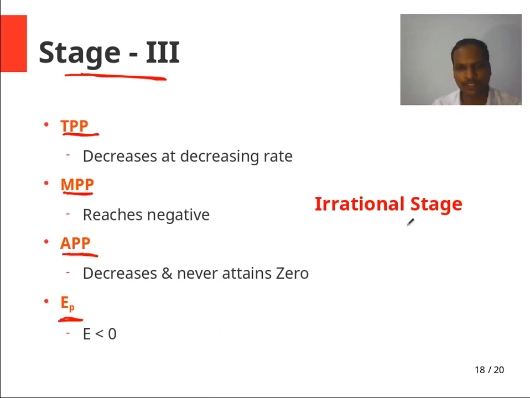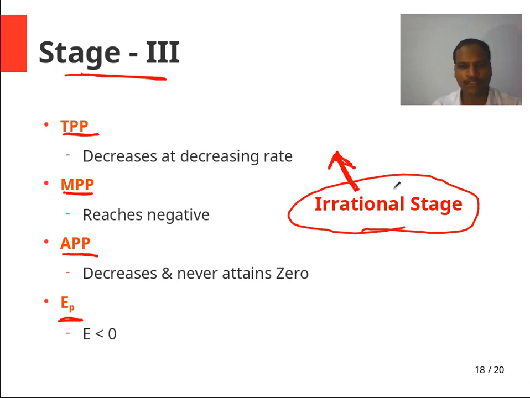This is also an irrational stage, because it doesn't tell us where to stop the production, where to stop applying. So only the stage 2 tells us where to stop the production. So stage 2 is regarded as rational stage, and stage 1 and 3 are called as irrational stages.